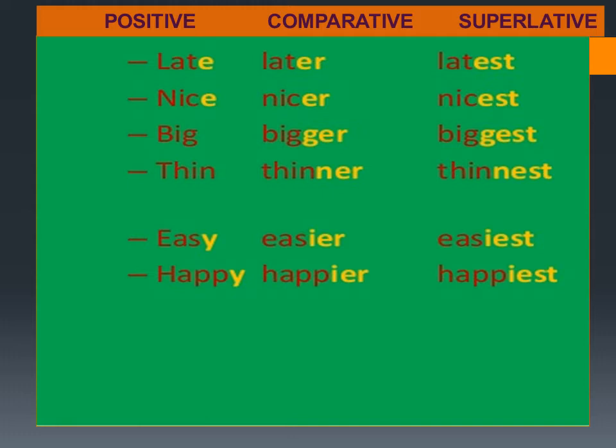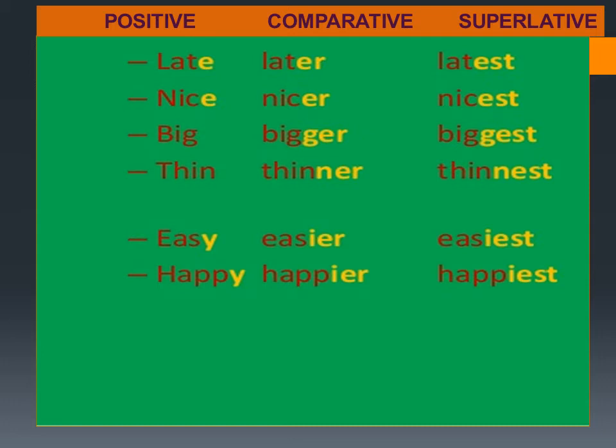Similarly, thin, the last letter N is doubled and ER is added to make the comparative form, thinner. And thin, the last letter N is doubled and EST is added to make the superlative form, thinnest. This is one way of changing adjectives from one degree to the other degree.